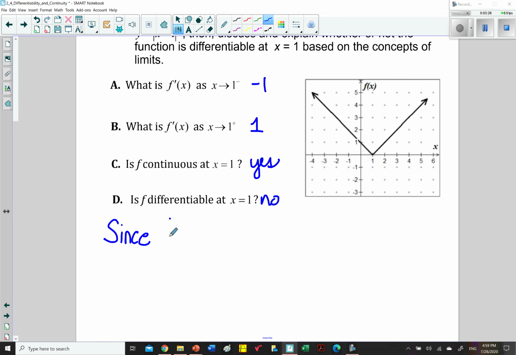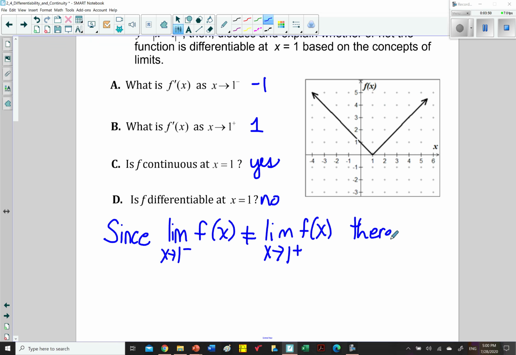We would say since the limit as x approaches 1 from the left on the derivative isn't the same as the limit as x approaches 1 from the right on the derivative, there is no derivative. So they're not the same.